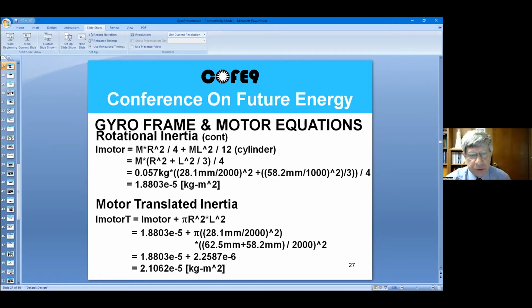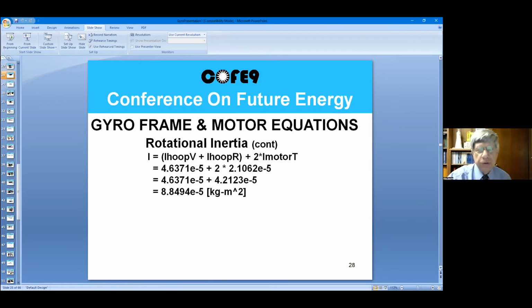And then you have to translate the motor's inertia by an offset distance equal to the radius of the frame. When you work that part down, you get 2.2587 e to the minus 6. You add that to the motor inertia, and you get a total of 2.1062 kilogram meter squared. So then the next step is to put it all together.